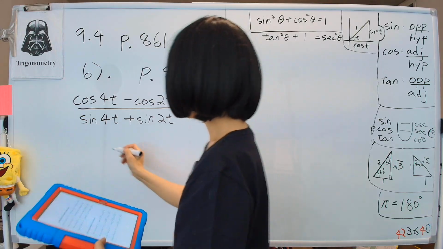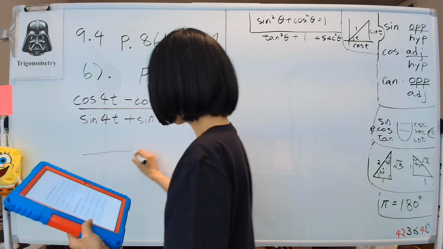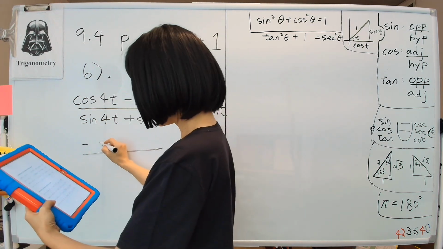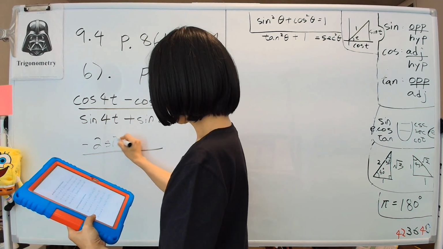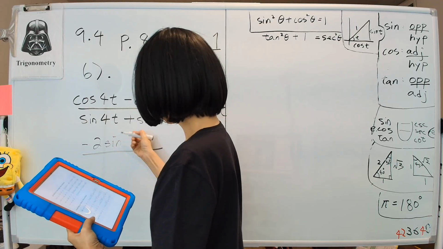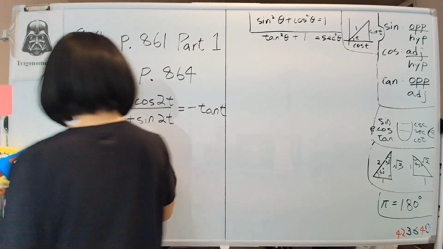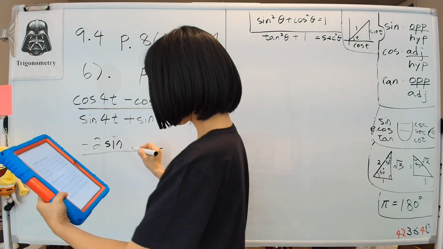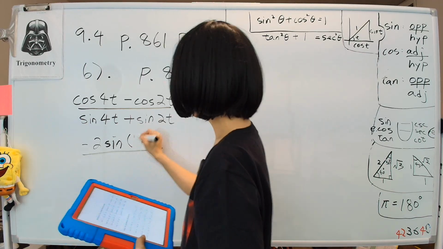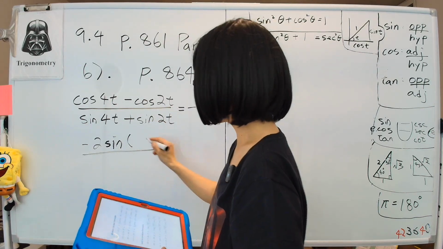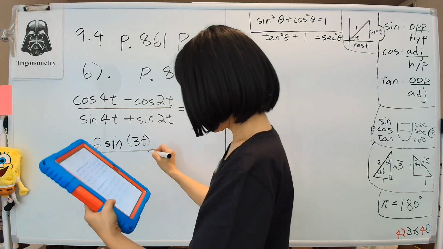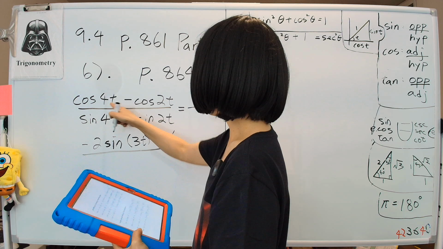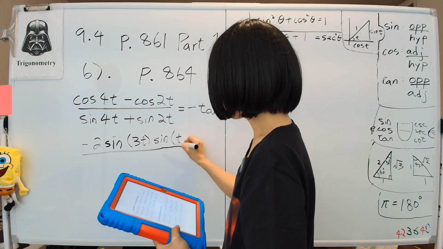Copying this, then this is equal to, following the cosine formula, minus 2 sine alpha plus beta over 2. Okay, this plus this over 2. That's 6, that's 3t. And then sine of alpha minus beta over 2, that would be 4 minus 2 is 2, 2 over 2 is 1, so just sine of t.